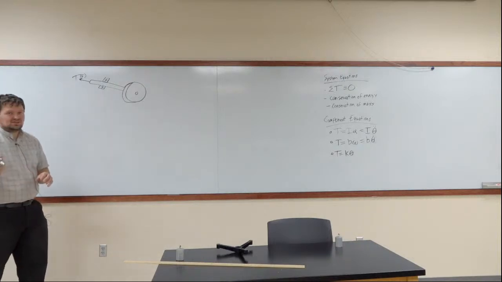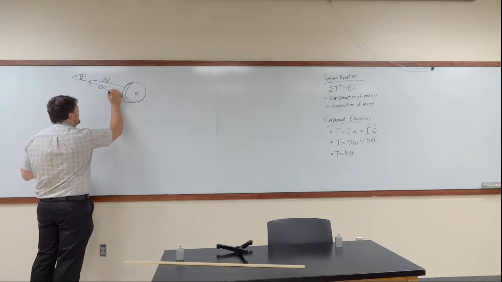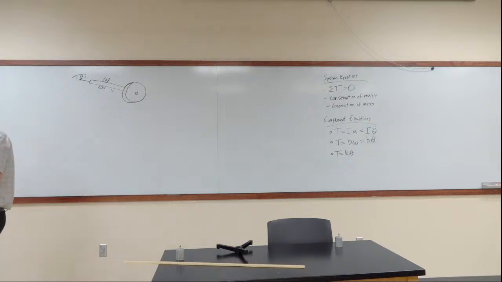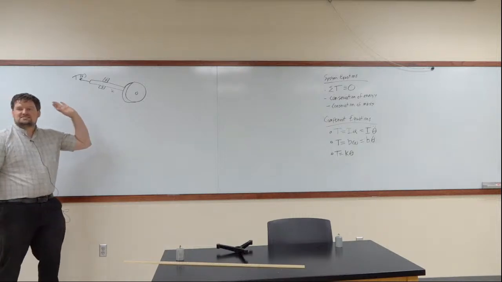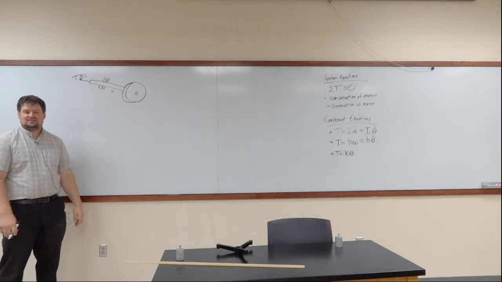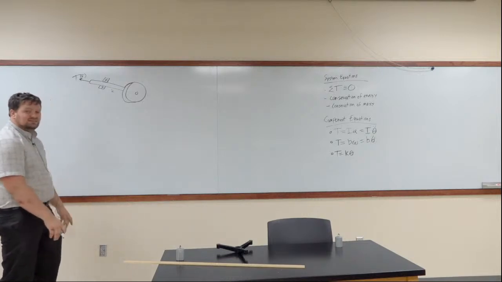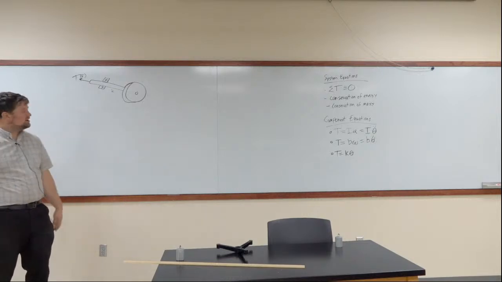But it still has some stiffness value K that is dependent on the length of the shaft and the material properties of that shaft. Now this isn't mechanics of materials, this isn't machine design, so we're not going to go into exactly how to calculate that K value. I'm just going to tell you it's K.